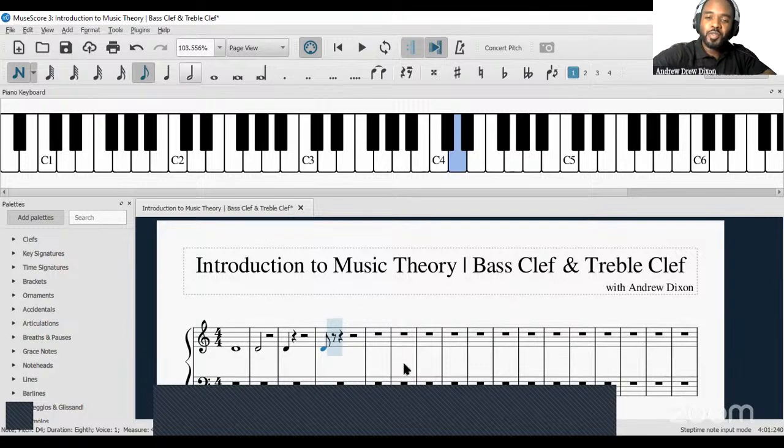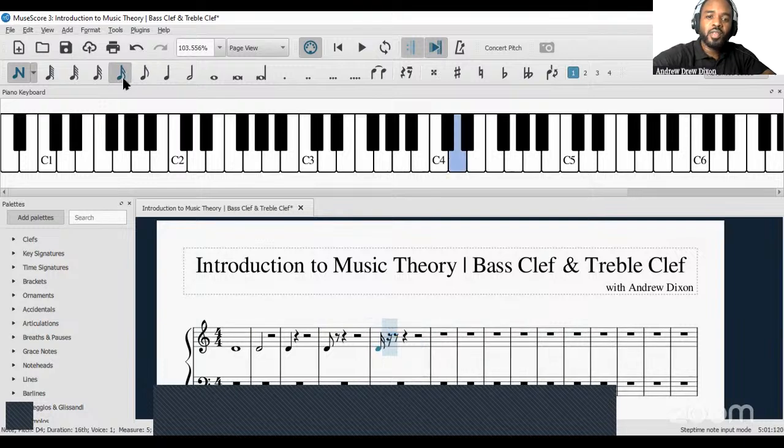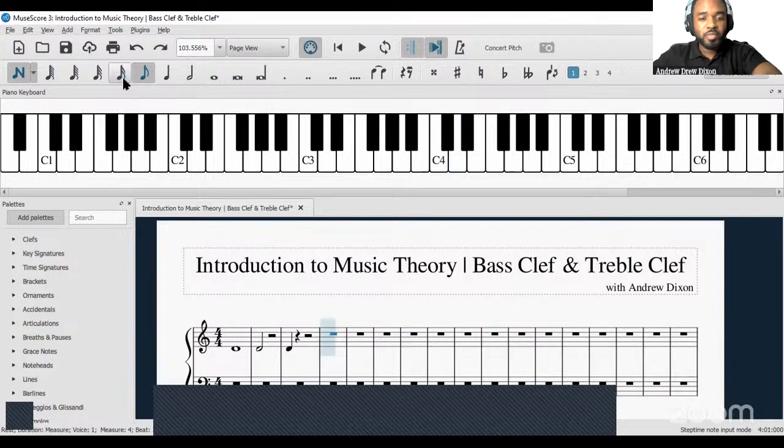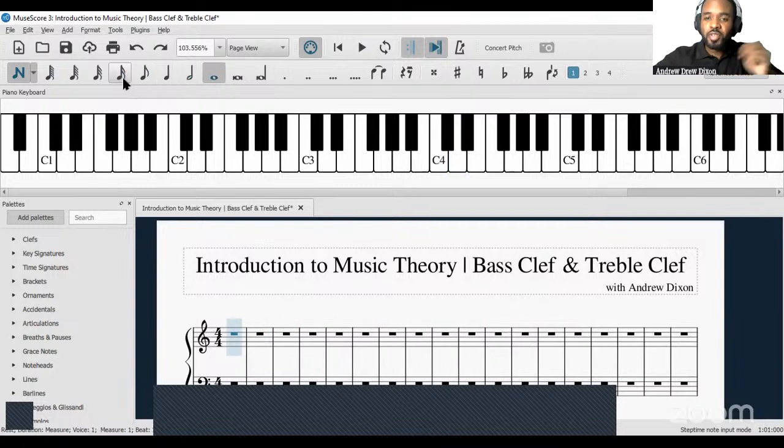We also looked at the 16th note, which gets a quarter of a count. If you need more detail on that, feel free to revisit lesson number 1.